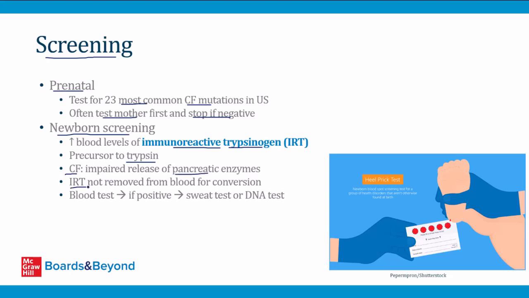As a result, IRT is not removed from the blood and broken down through conversion to things like trypsin. So you can test the baby's blood. If it's positive for IRT, meaning the IRT level is elevated, then you can move forward and do a sweat test or a DNA test to determine whether or not the child truly has cystic fibrosis and which DNA mutation they have. And that concludes our module on cystic fibrosis.